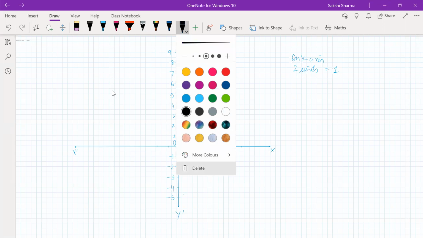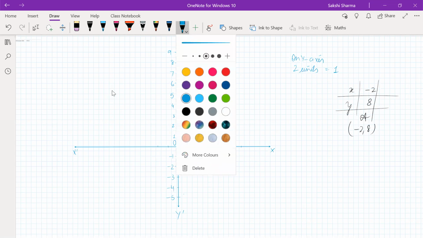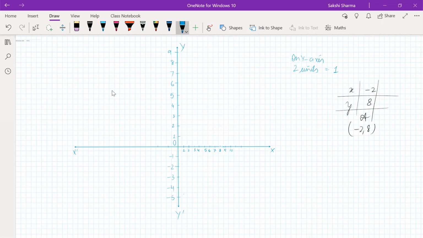Let's mark the points. The first point that we have, if you take a look at the table of values, this is how it's written. You have -2 and 8. So the pair will be -2, 8. I'm naming the point as A. So -2, 8 will be right here.